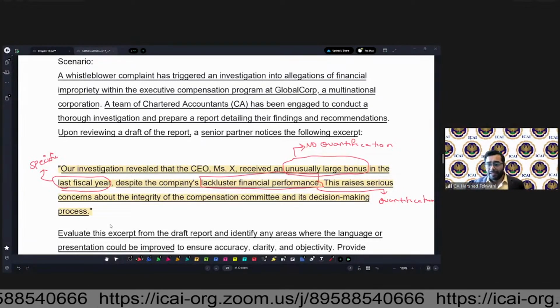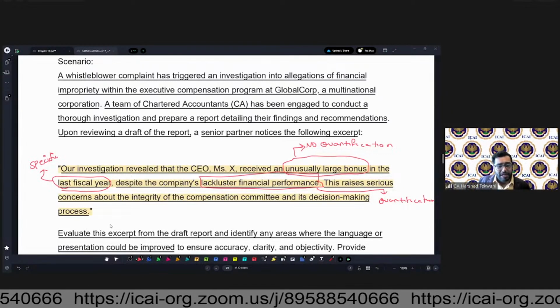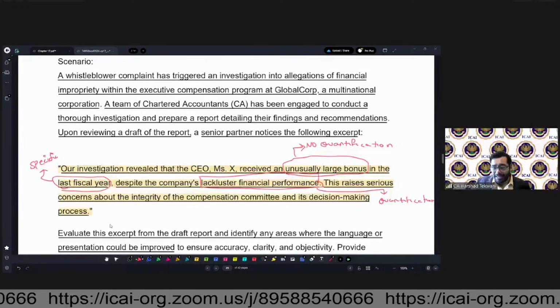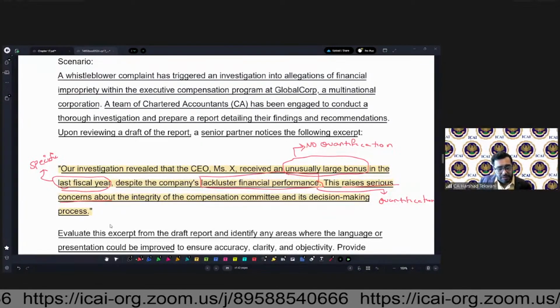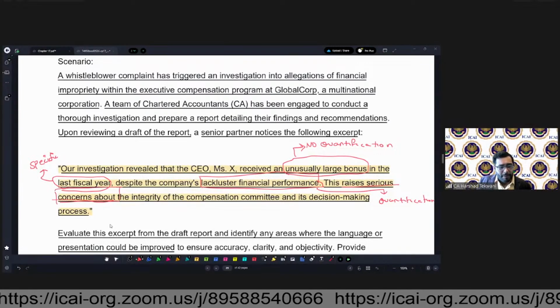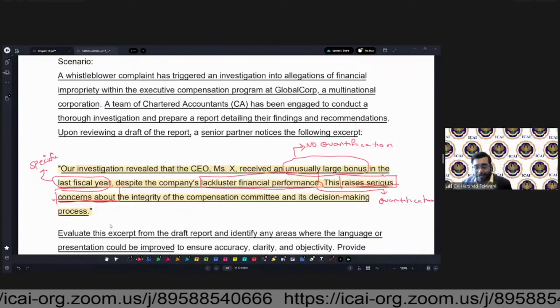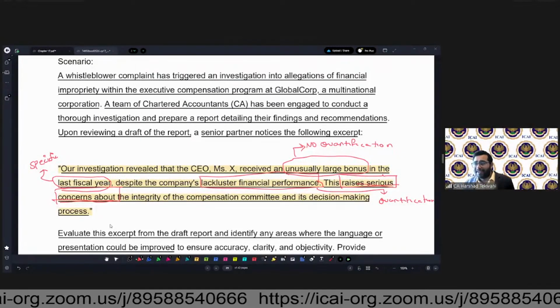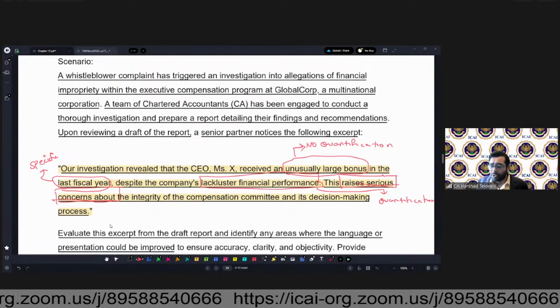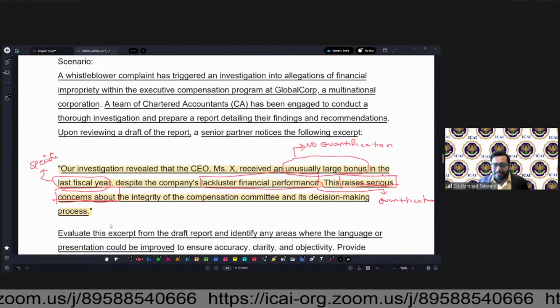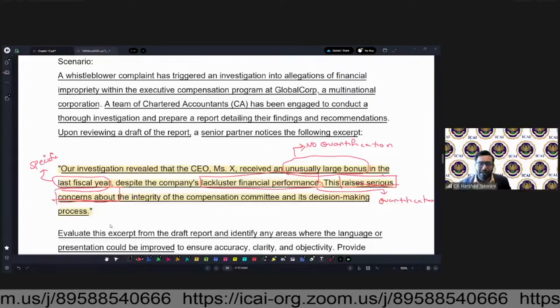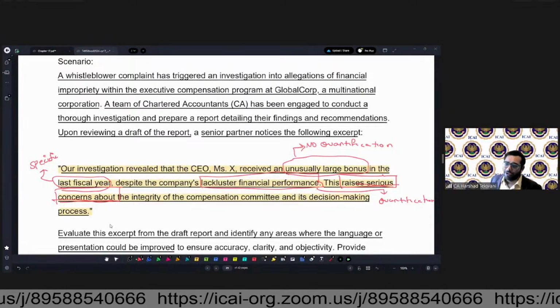And then this raises serious concerns about the integrity of the compensation committee. So if you see this part, serious concern. Now investigation is done for fact finding to establish a fact. If they will also say this raises a serious concern, then we know there is a concern. That's why we hired you to do the investigation.